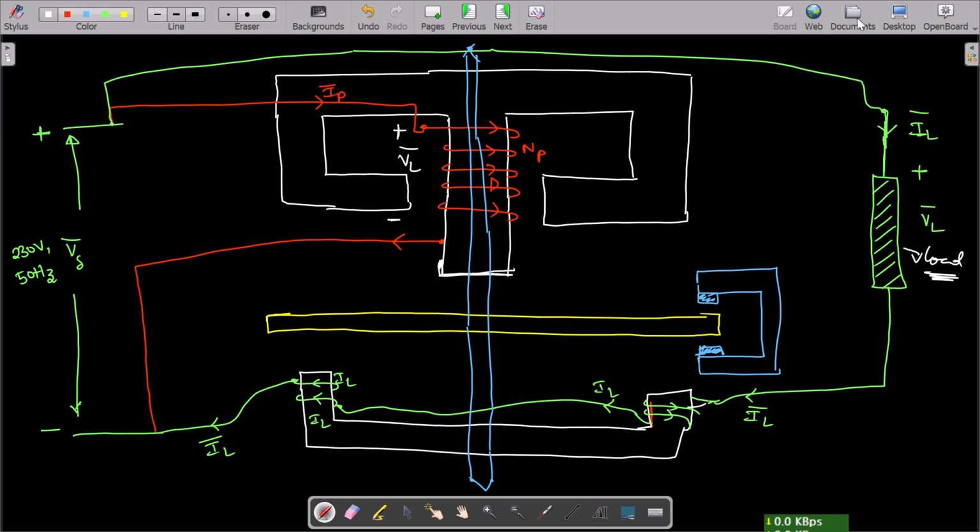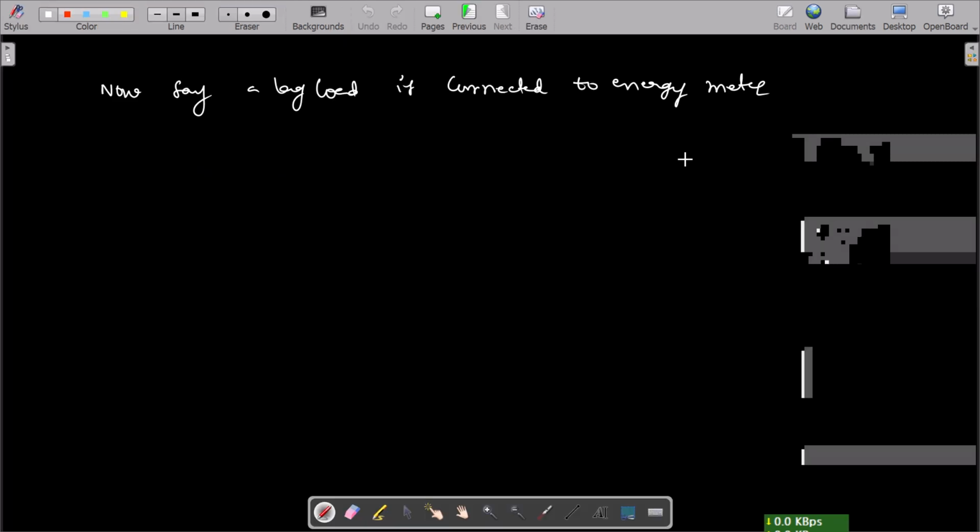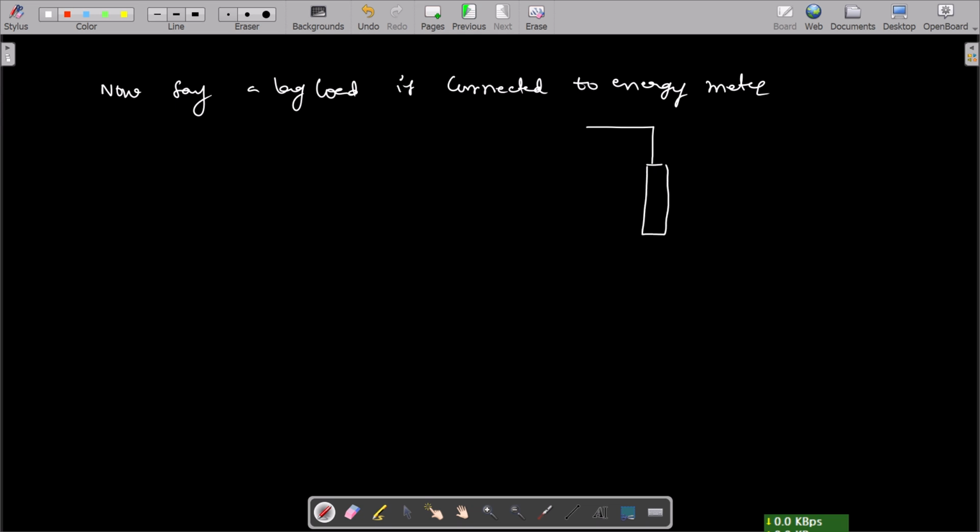Okay, now come to current page. This energy meter, VL bar, and this is the current IL bar. Lagging load.